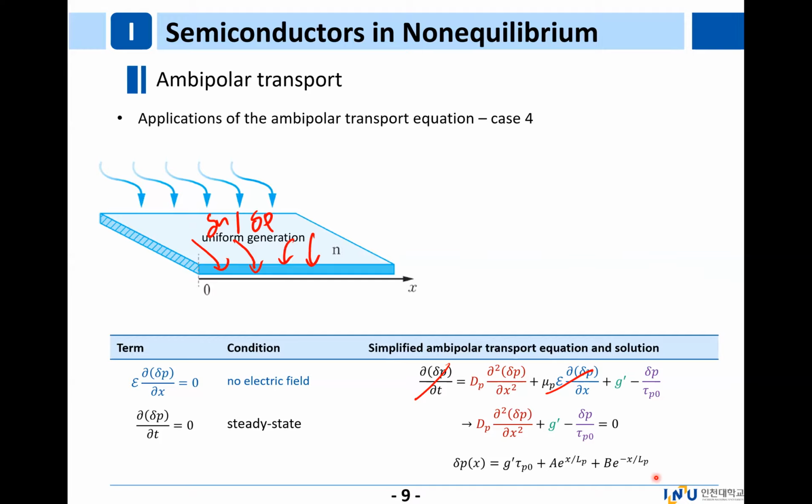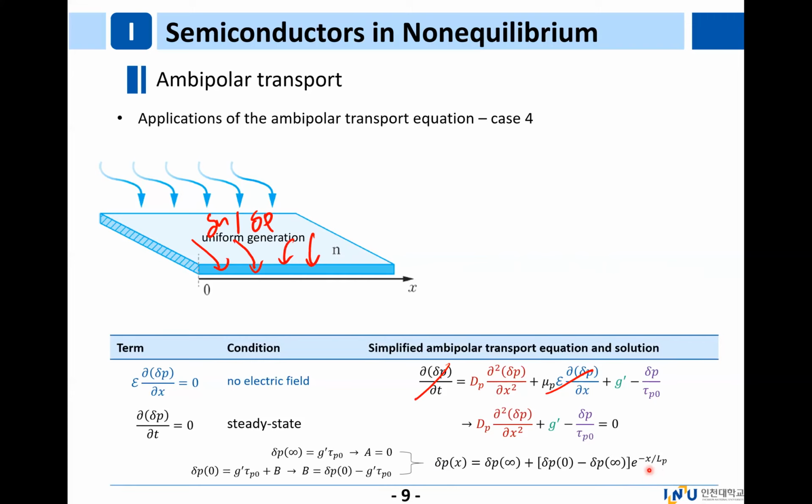Since the generation and recombination rates are equal in steady state, substituting x with infinity yields the fact that A is 0, and substituting x with 0 allows us to determine B. So we can determine A and B. So ultimately, the solution to the ambipolar transport equation can be expressed as follows.